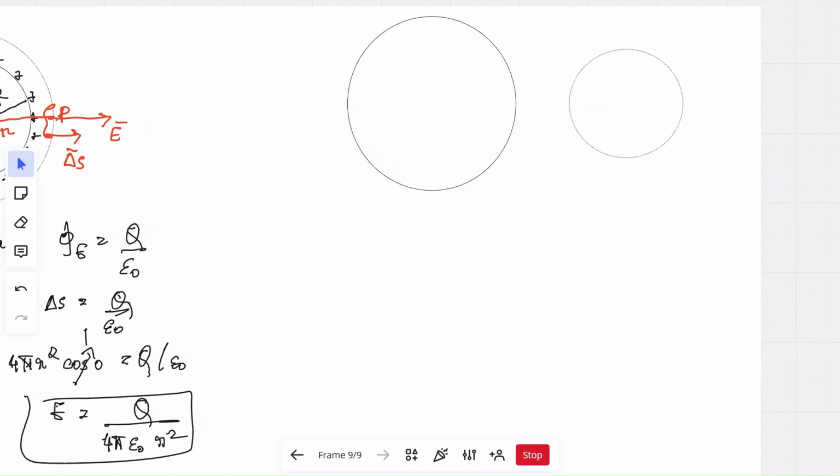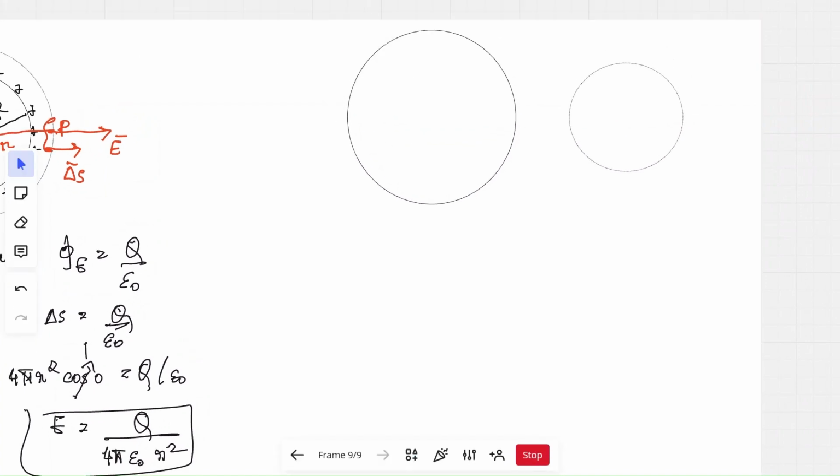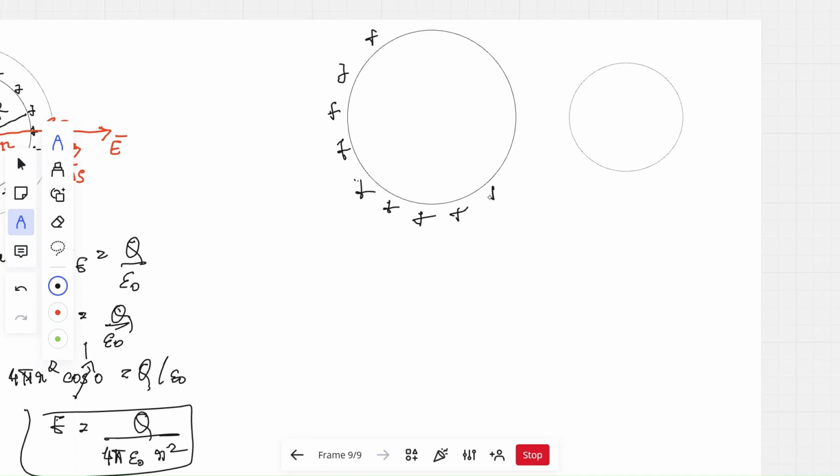Now let's calculate the electric field at an internal point. So this is our sphere, of charge Q uniformly distributed across the surface. Let's draw the Gaussian surface.